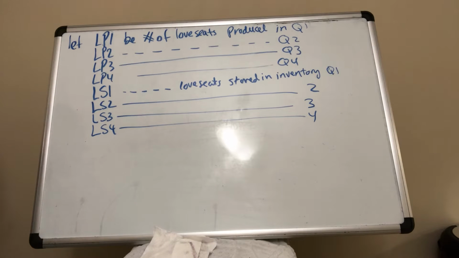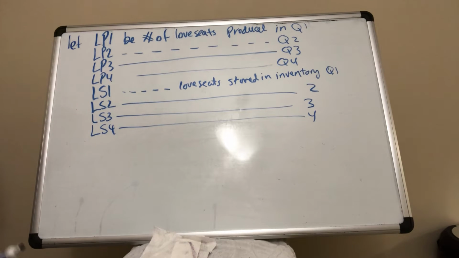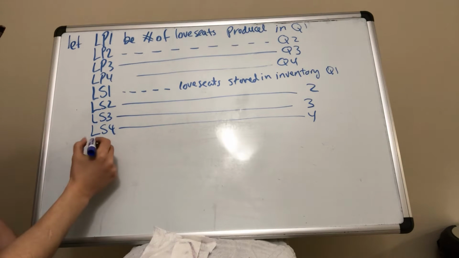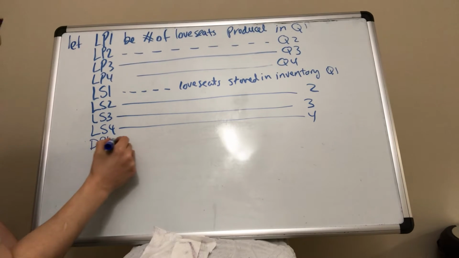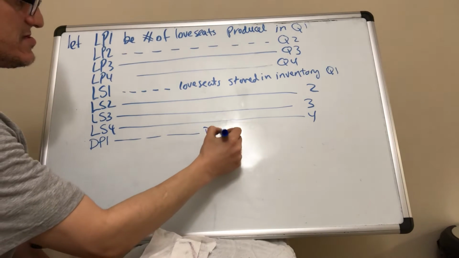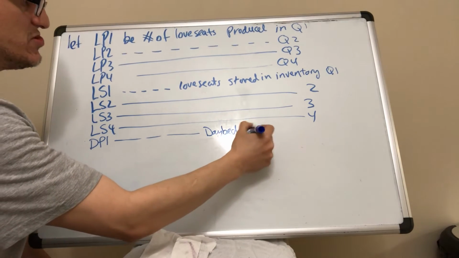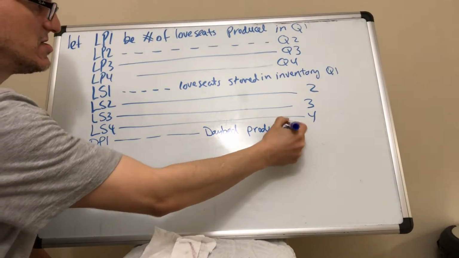This is only for the first variable. To do the same for the second variable, we go DP1 number of daybeds produced in Q1.